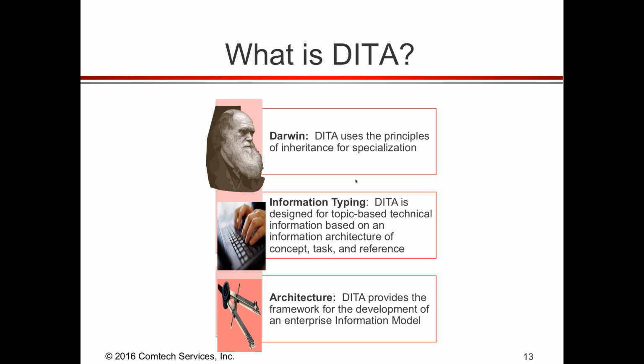And finally, architecture. That basis for DITA provides a framework for information modeling throughout an enterprise. A lot of choices and a lot of capabilities. So that was sort of the original emphasis that we put on developing this. Could we make it something that was flexible and could be used in a lot of situations effectively?